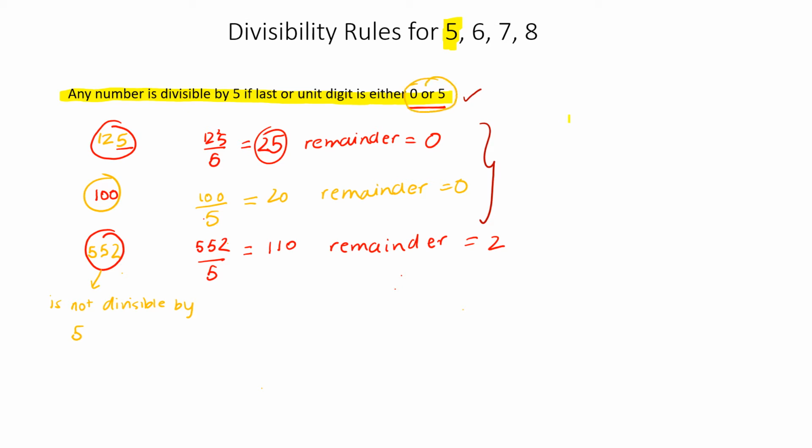But these numbers right here, they are divisible by 5 because they end with a 0 or a 5.